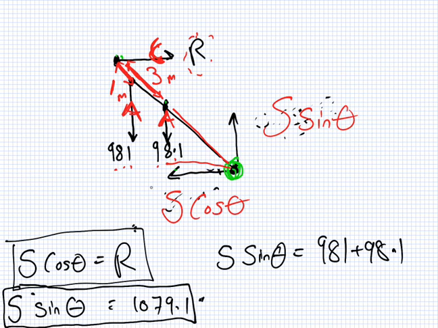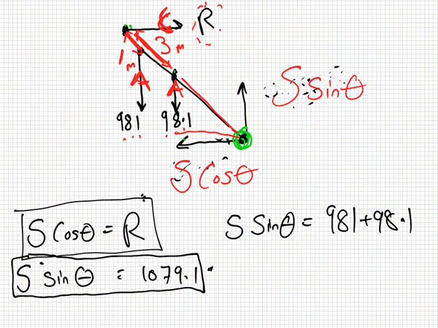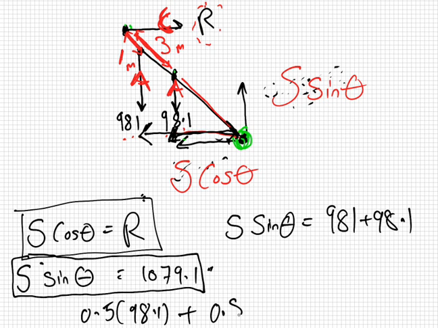And now we can do our turning force. Okay. First one, what's this distance here? What did we say this distance here was? 0.5. Yeah, so 0.5 multiplying 98.1 plus, what's the distance to the next one? 0.83 was it? Yeah, times 981.